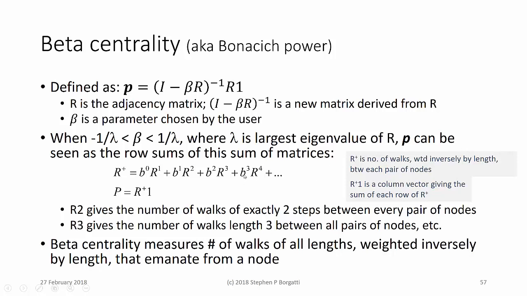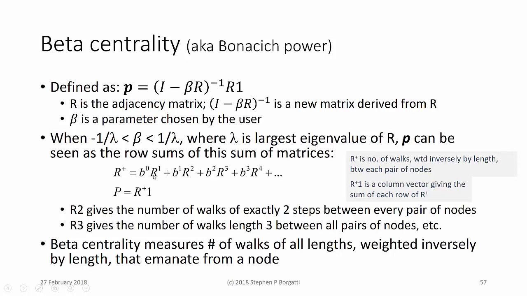Now, if it weren't for the betas, that infinite sum would yield a new matrix which had infinite cells, because you're adding up infinity. But the beta, let's assume for a second that the betas are smaller than 1. So beta to the 0 here is 1. Anything to the 0 power is 1.